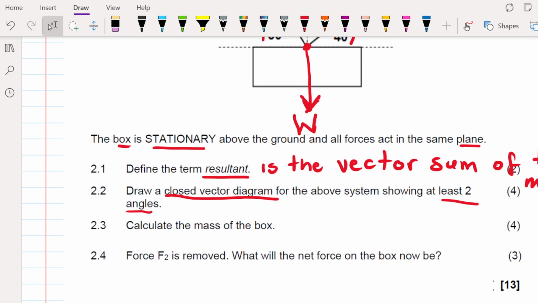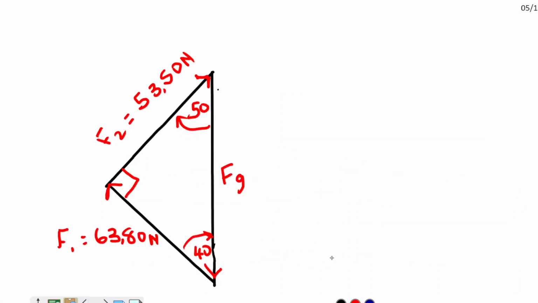Okay, so 2.3 says calculate the mass of the box. There are two ways now to find the mass of the box. So remember, this is the vector diagram that we drew.